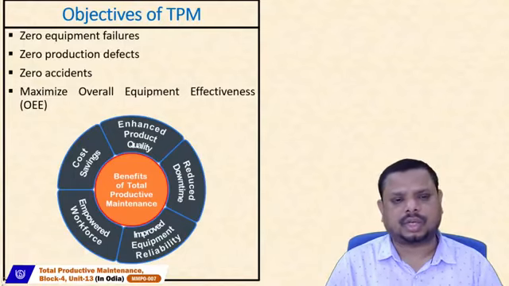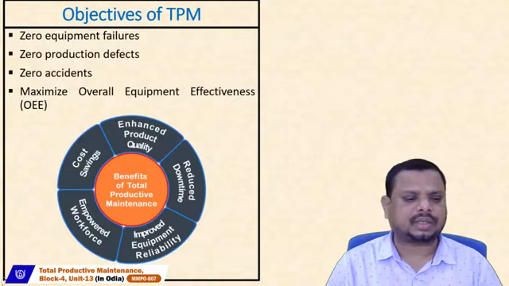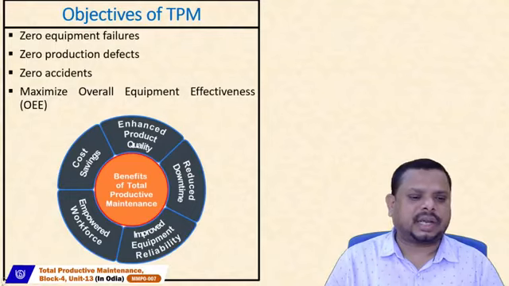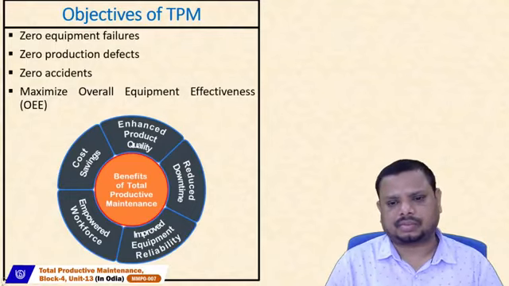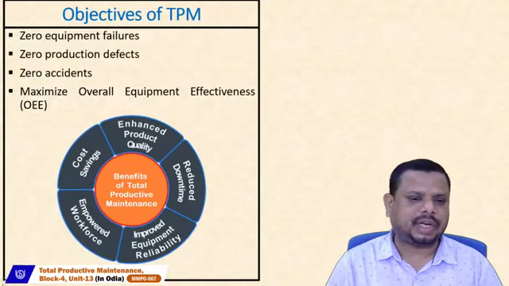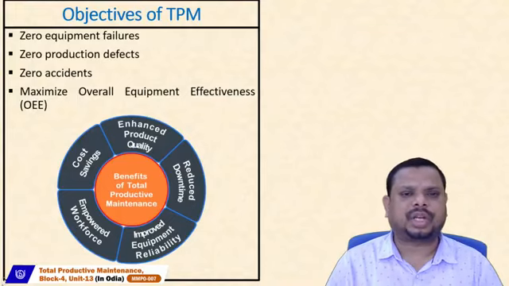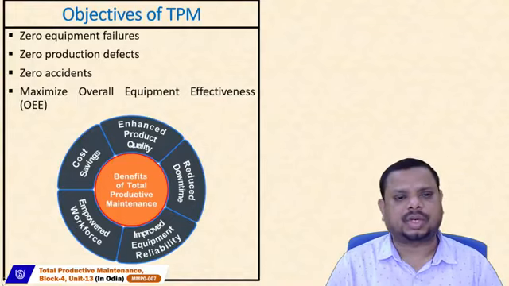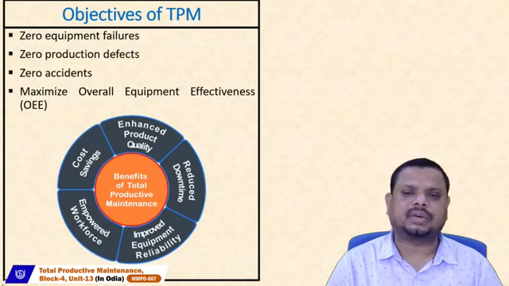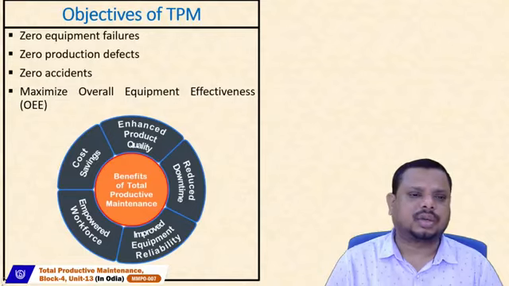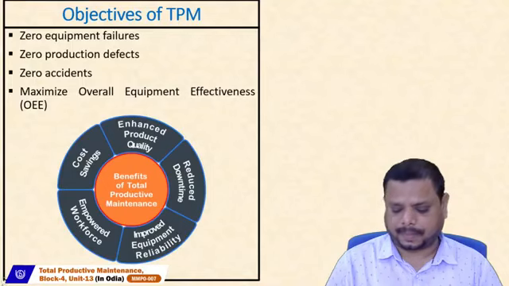When you introduce total productive maintenance in your organization, the maintenance department enhances the skills of the workforce from the middle level to the functional level. And the last and most important benefit is that it reduces a large amount of redundant expense in the form of cost savings. So these are the basic benefits under total productive maintenance.